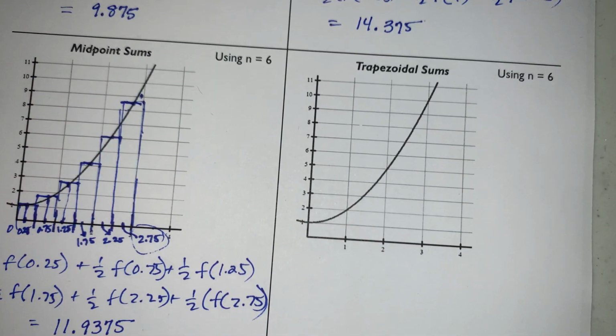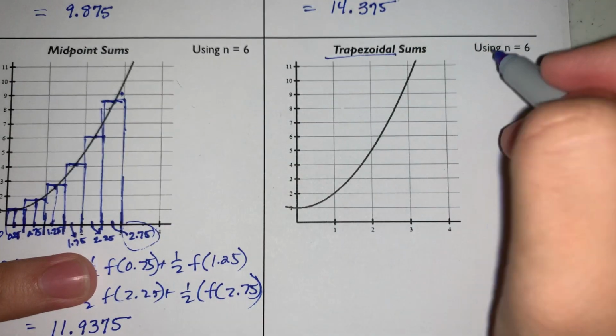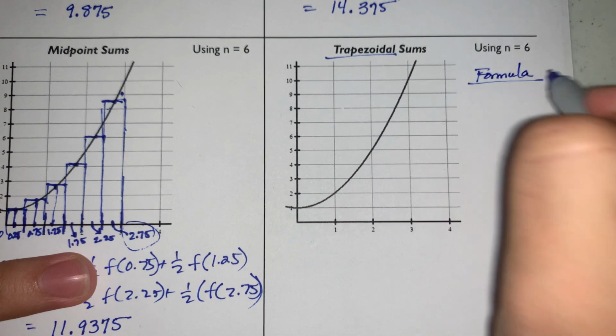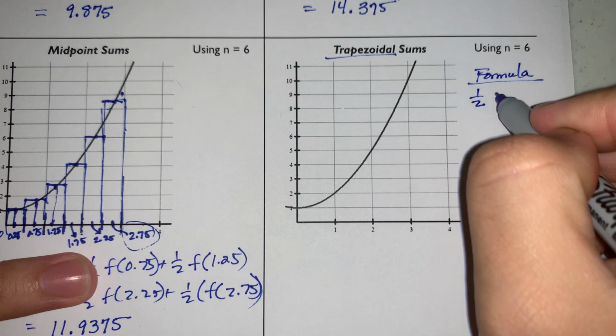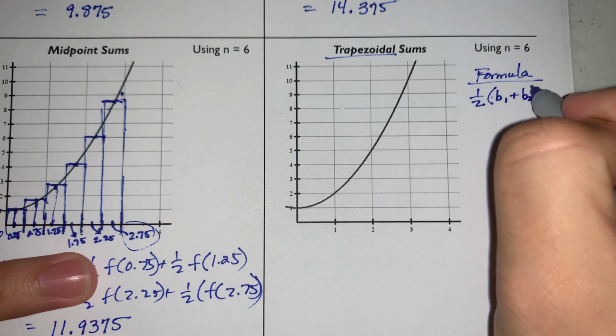All right, but now let's see what the trapezoidal sums look like. Hopefully you guys remember from geometry what the area of a trapezoid is. If you don't, that's fine. The formula for the area of a trapezoid is 1/2 times base 1 plus base 2 times the height.